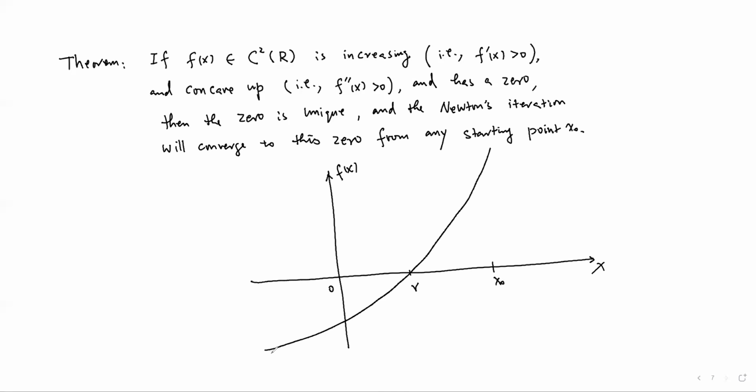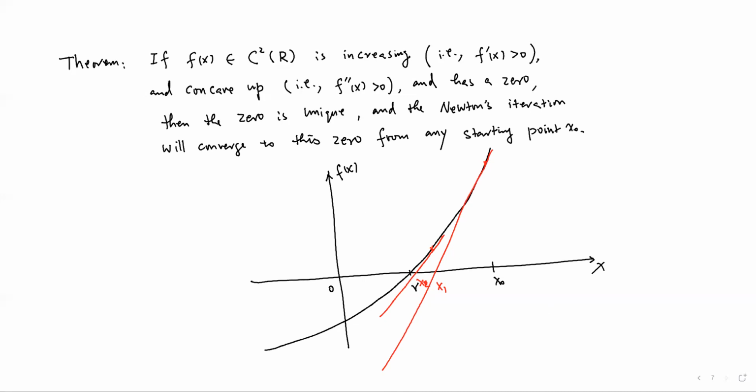Then draw the tangent line. This is x1. Then at x1, draw a tangent line. We get x2. At x2, draw a tangent line, we get x3. It is guaranteed that the points x0, x1, x2, x3, x4 converge to the root. Guaranteed, in this special case.